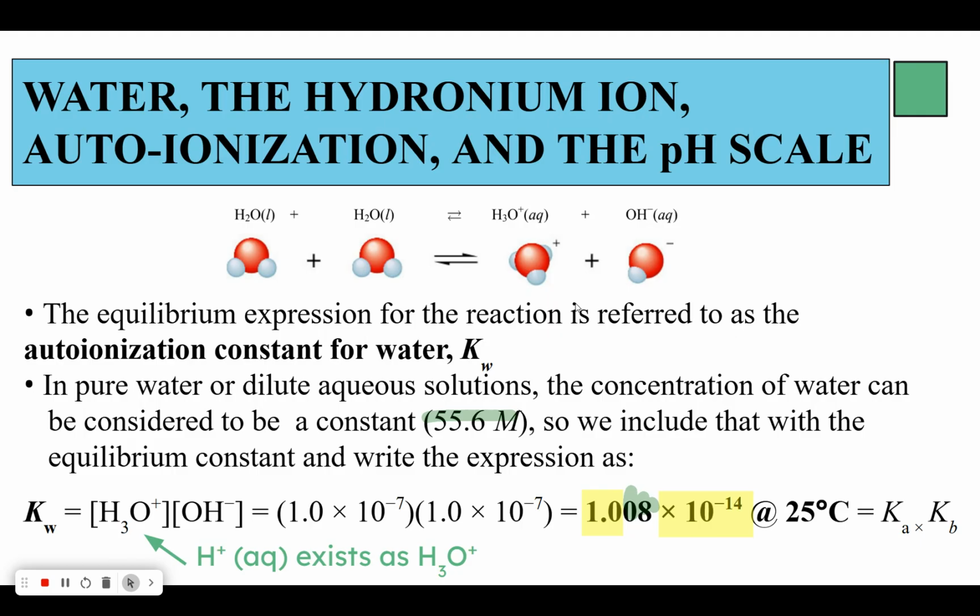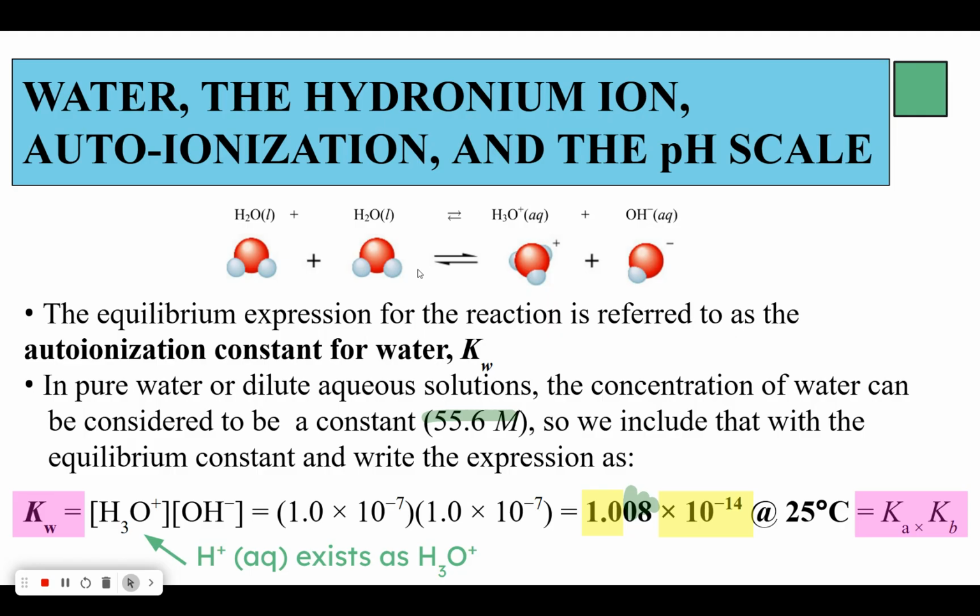The other thing, while we're here talking about this Kw, that will become more important later, but I will remind you of, is that the Kw value, the K of water's reaction, is equal to the Ka, the equilibrium power or meaning of that substance, times the Kb. So the ability or equilibrium state of our substance to be an acid times the ability for it to be a base is equal to our Kw. And we'll get more into that when we talk about weak acids and bases.